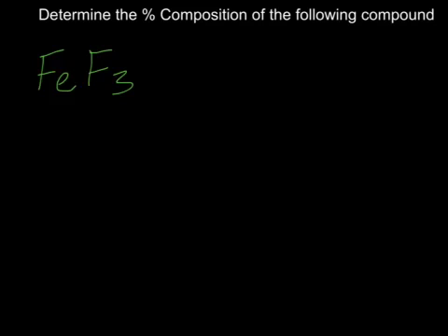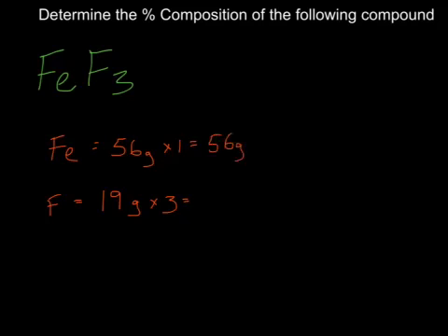Let's go with iron and fluorine. Iron has a mass of 56 grams. Fluorine, 19 grams. We have 1 iron, and we have 3 fluorines in this compound, so obviously 56 grams for iron and 57 grams for fluorine. Add them up. We get 113 grams.